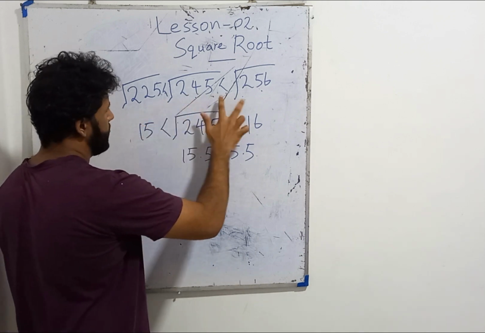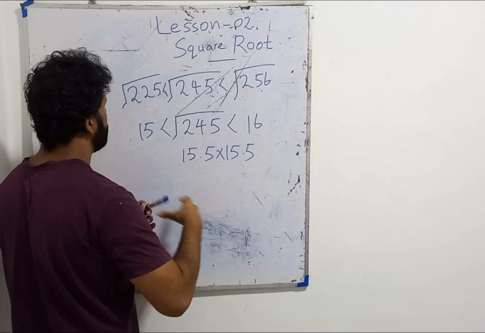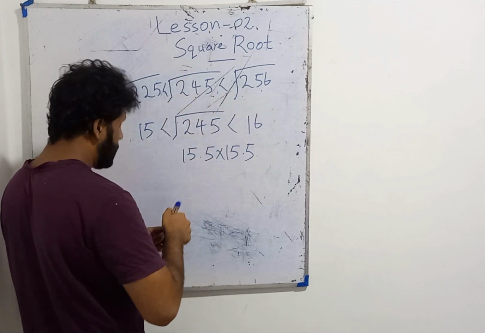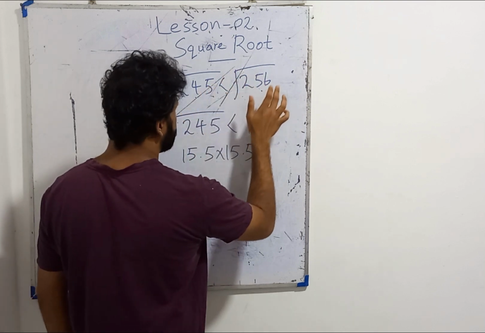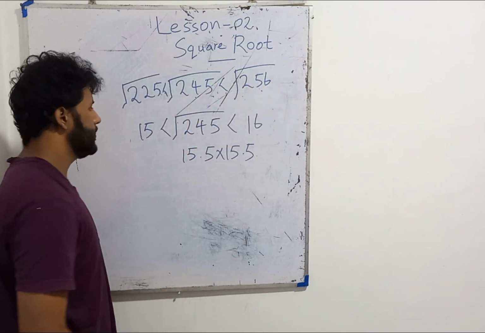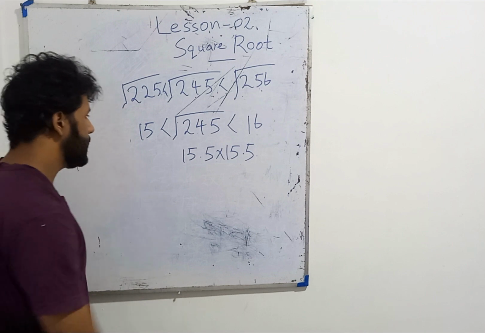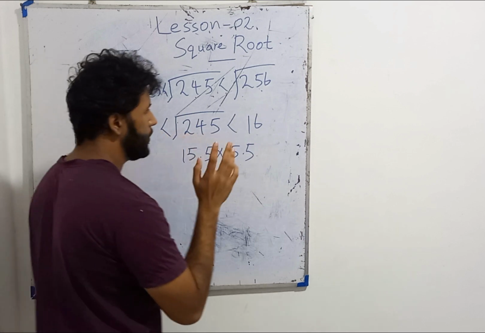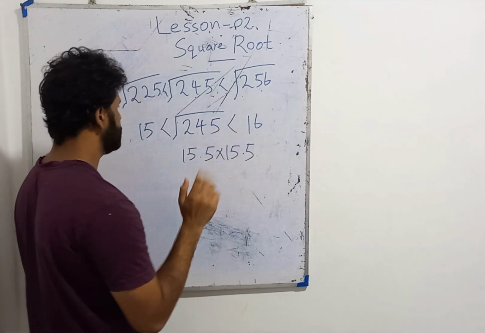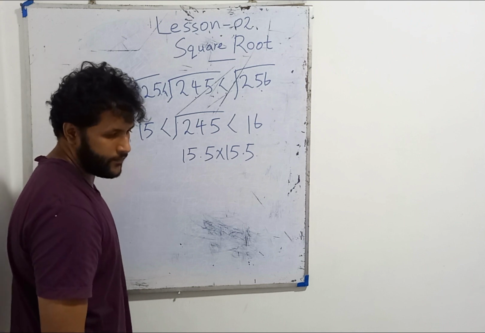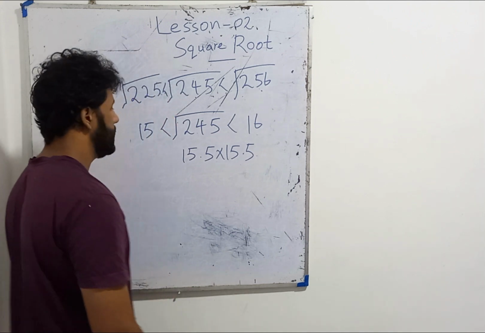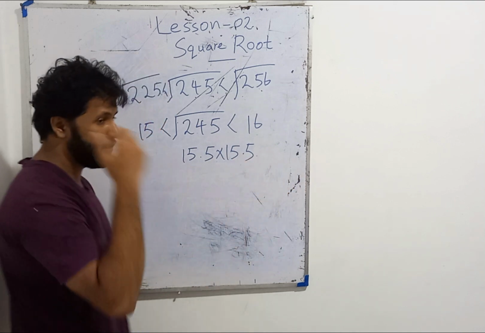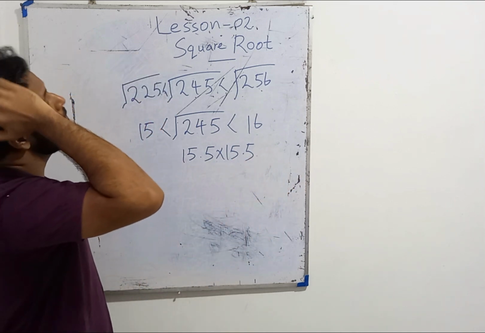See the difference: the gap is 20 here, the gap is 11. 245 is more close to 256 than 225, so that's why I'm taking 15.5 and not considering 15.1.